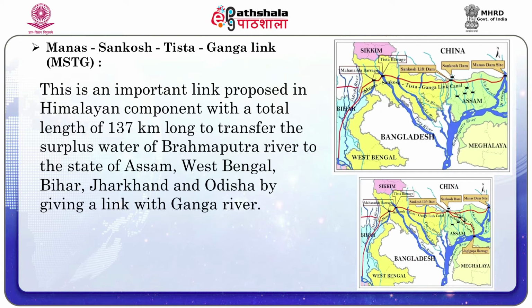Manas, Sankosh, Tista, Ganga link, which we call MSTG. The Manas Sankosh Tista Ganga link canal, with a total length of 137 km, is an important link proposed in the Himalayan component to transfer the surface water of Brahmaputra river to the states of Assam, West Bengal, Bihar, Jharkhand and Odisha by giving a link with Ganga river.